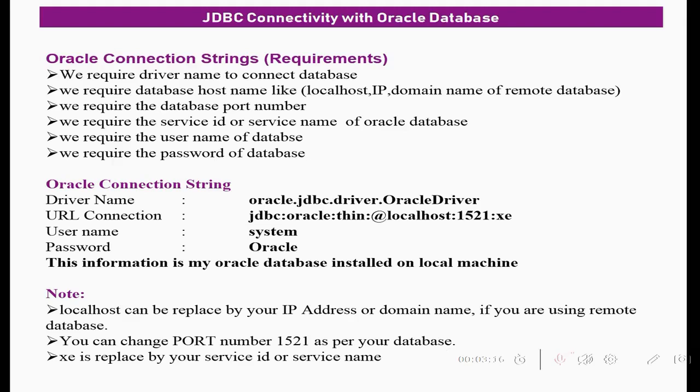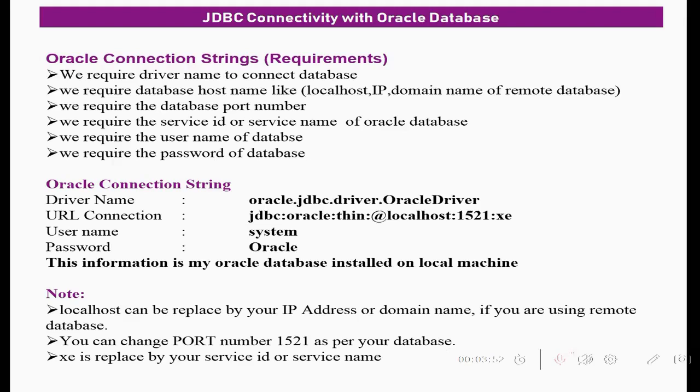Now, what will be the connection strings? The Oracle connection string will be, first, the driver name, that is oracle.jdbc.driver.OracleDriver. The next is the URL connection: jdbc:oracle:thin:@localhost:1521:xe. XE is your service name or service ID. 1521 is the port number of the database.